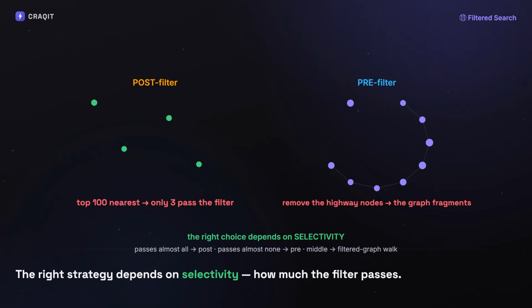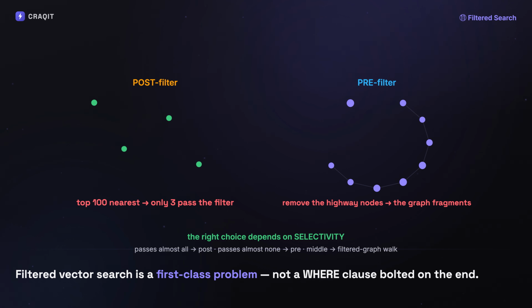If the filter passes almost everything, post-filter. If it passes almost nothing, pre-filter, and brute force the tiny matching set. The hard middle is where filtered graph traversal earns its keep. The senior move is naming that filtered vector search is a first-class problem with real failure modes, not a where clause you bolt on at the end.